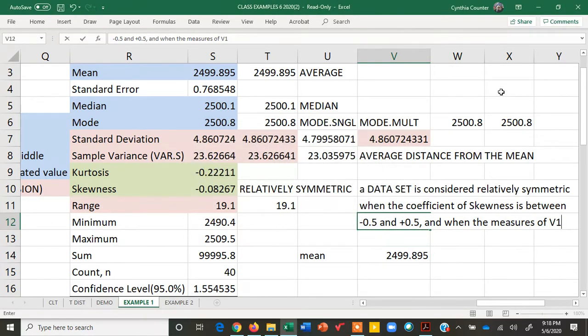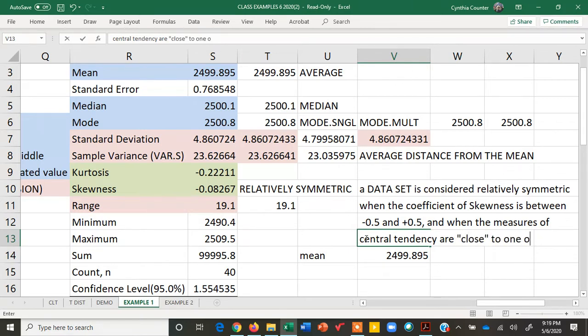And when the measures of central tendency are close to one another. So that is the definition of relatively symmetric.